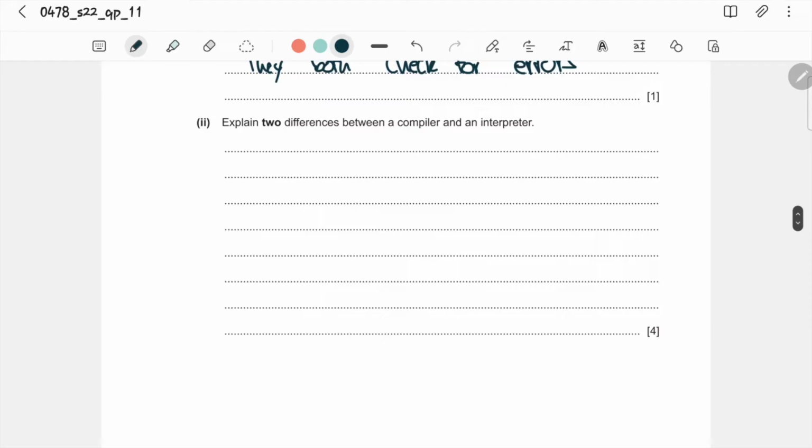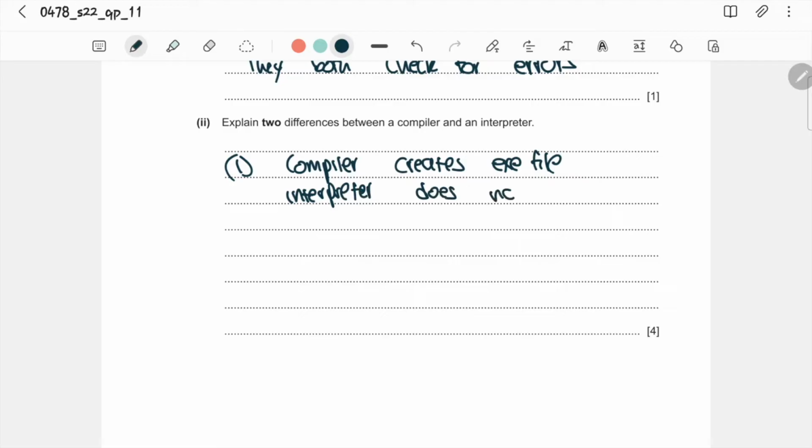Now two differences between the two, there are a couple of them. A compiler creates an exe file, okay. An interpreter does not.